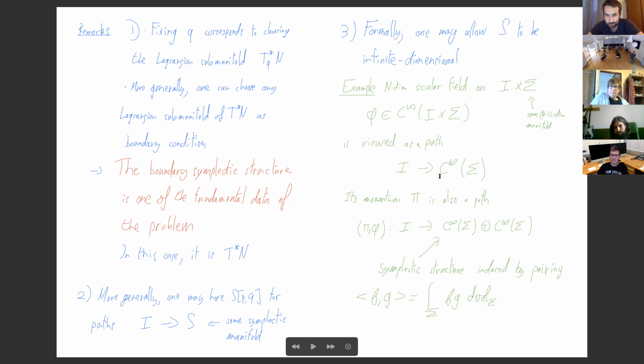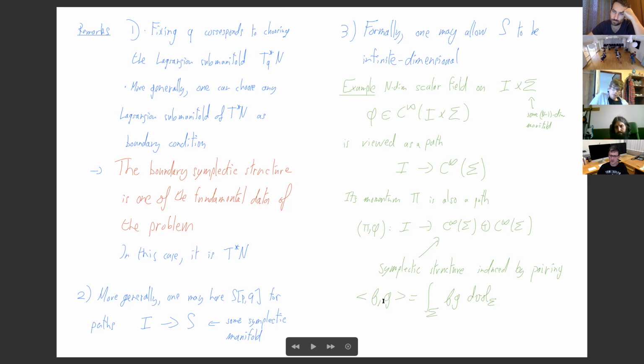And well, in this case, the momenta are also a function on sigma. So my target symplectic manifold, which generalizes T star N, is just the direct sum of two copies of functions on sigma. And the symplectic structure is just induced by the pairing. So, well, here in the scalar field there is some background metric. So this will give you some volume form on sigma. So if you have two functions on sigma, you can pair them this way, just we multiply and integrate.